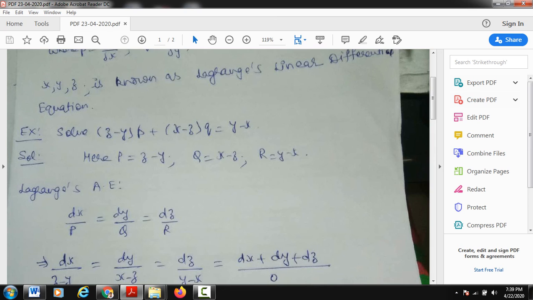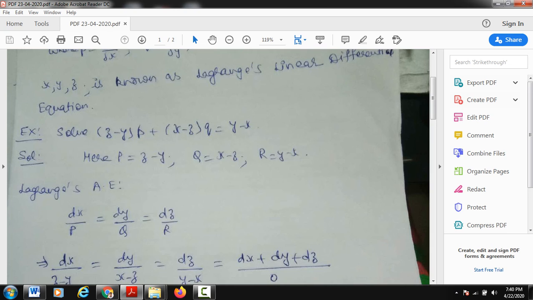Sometimes it is possible to solve the three auxiliary equations directly by separating the variables, and on integration we get the answer. But it is not always possible that the variables can be separated and easily solved. In that case we use the method of multipliers, which is known as Lagrange's multipliers.